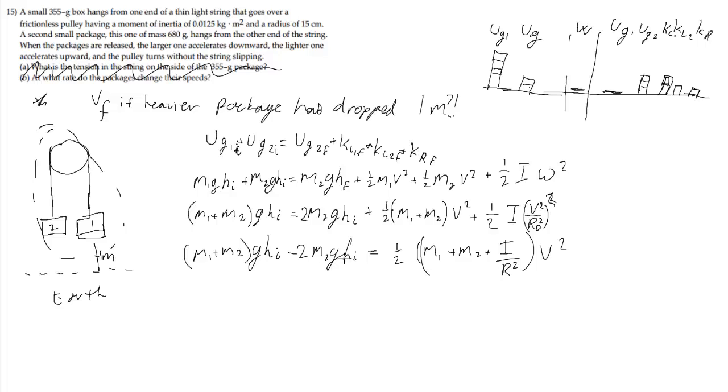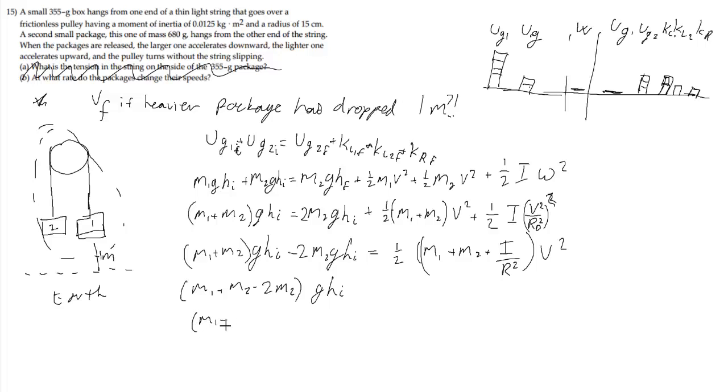And if we continue our simplifications to make things easier for ourselves later, we see that we can factor out this g h initial again, and we've got m1 plus m2 minus 2 m2 g h initial, which is actually just going to be m2 minus 2 m2, which is minus m2.